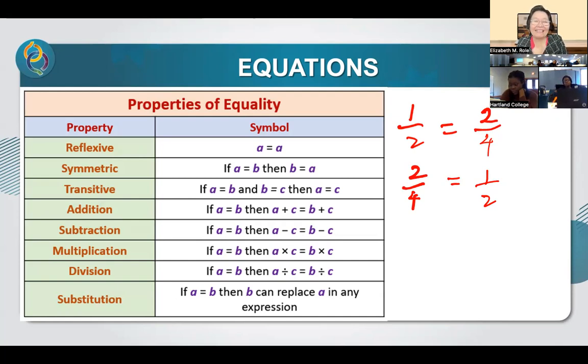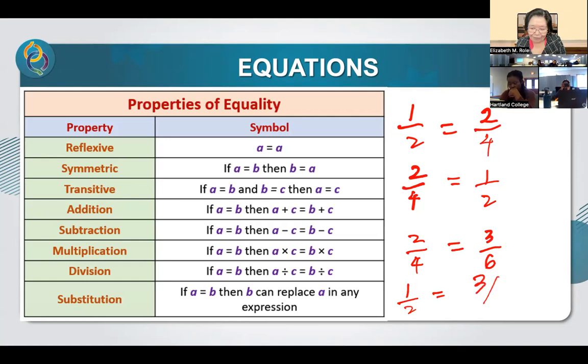Then it says if A is equal to B and B is equal to C, then A is equal to C. So if 1/2 is equal to 2/4 and 2/4 is equal to 3/6, it's one half, right? Yes. So if they are the same, then 1/2 will also be equal to 3/6. Divide by 1, divide by 3. So that's the transitive property.